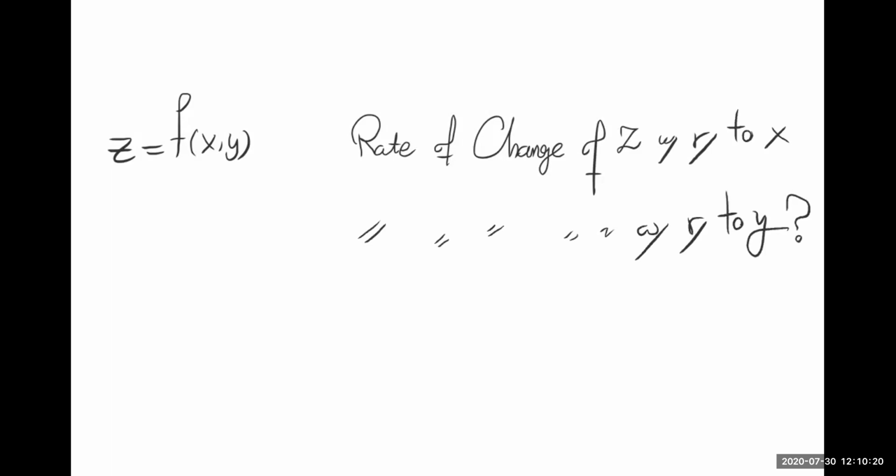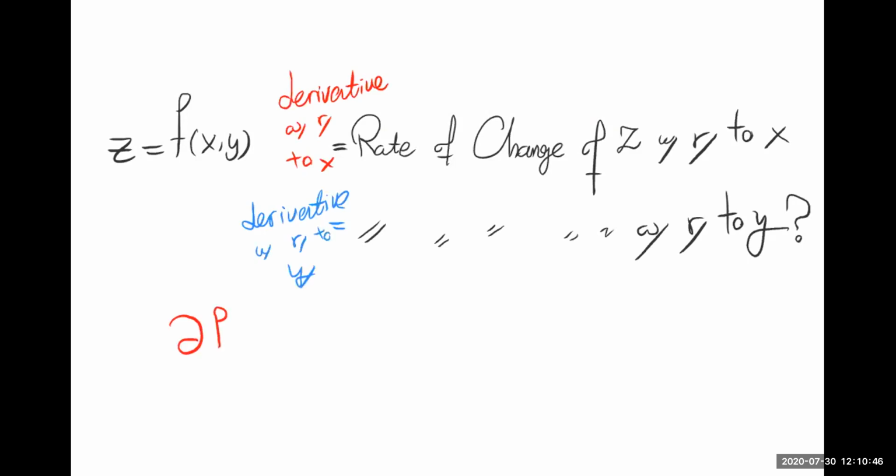They are different, and we use different notations. The first one is called the derivative with respect to x. The second one is called the derivative with respect to y. For the first one, we show this notation, derivative of f with respect to x. For the second one, we show this notation, derivative of f with respect to y.